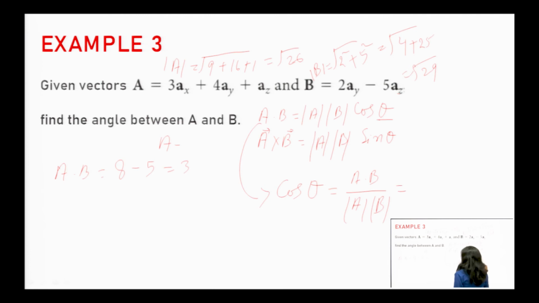We got the value of a dot b as 3, and the magnitude of a is root 26 and the magnitude of b is root 29. After solving this we will get the value of cos theta, and theta can be found by taking the cos inverse of this value, that is 3 divided by root under 26 multiplied by root under 29. Whatever solution comes will be the final answer.